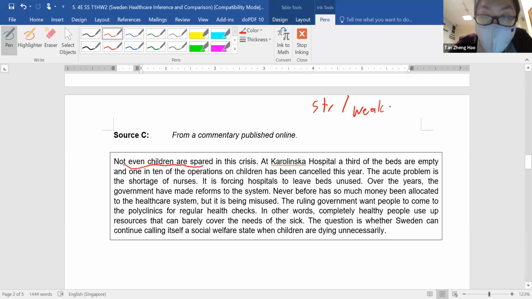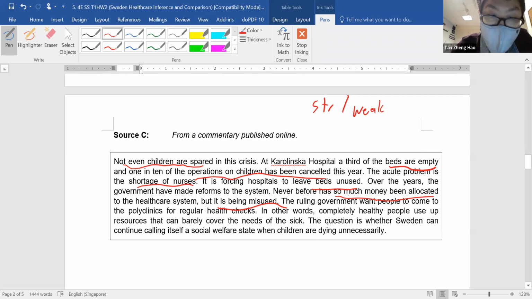At Karolinska Hospital, a third of the beds are empty. Beds are empty. What does it tell you? Operations have been cancelled. Why? There's a shortage of nurses. Beds are unused. So much money has been allocated, but the money is being misused.